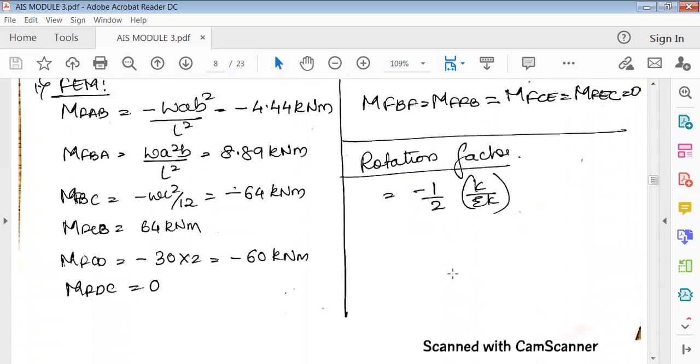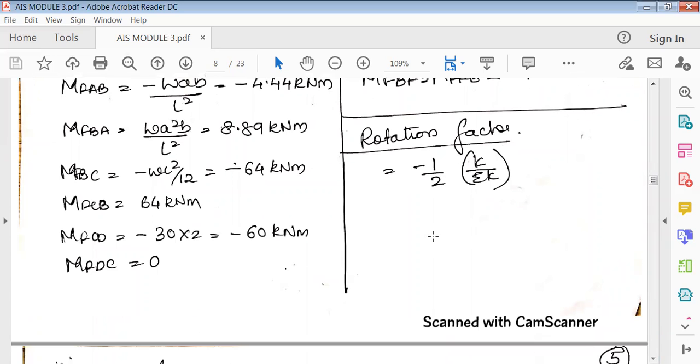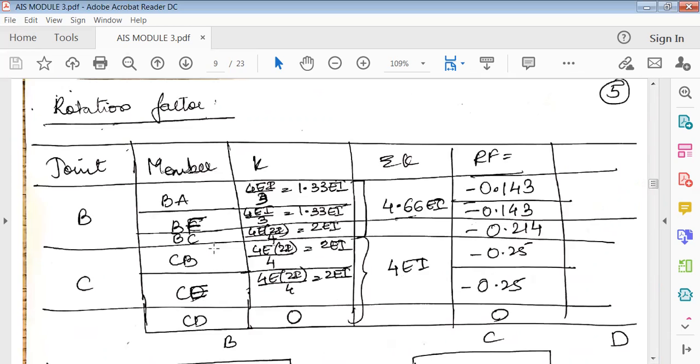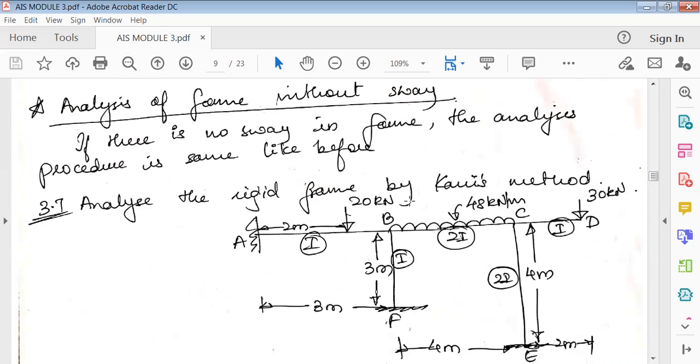Okay, next, once you find this, next is the rotation factor. The rotation factor is again the same thing, you have to use the formula minus 1 by 2 k by summation k. So this is the rotation factor. Joints B and C are the same as in beams.